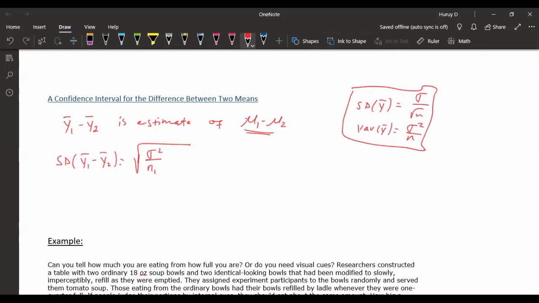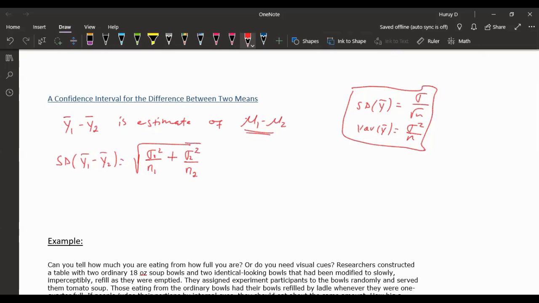So this first term is the variance of the first group, which is group 1, plus the variance of the second group, sigma square. They have to have the subscripts here, sigma square 1, sigma square 2, because we don't know if they are the same or not.